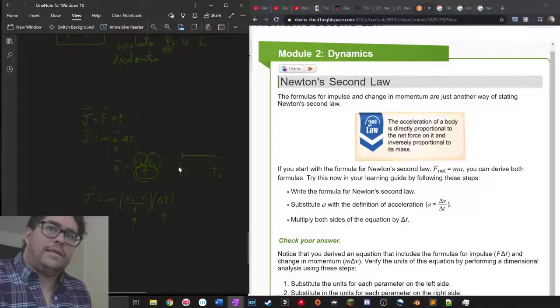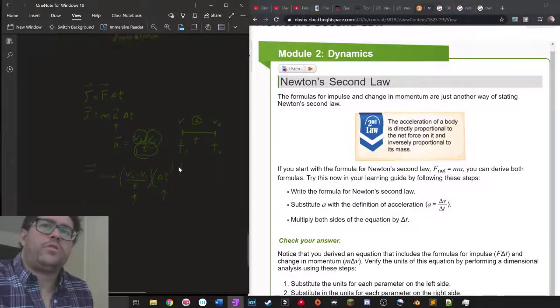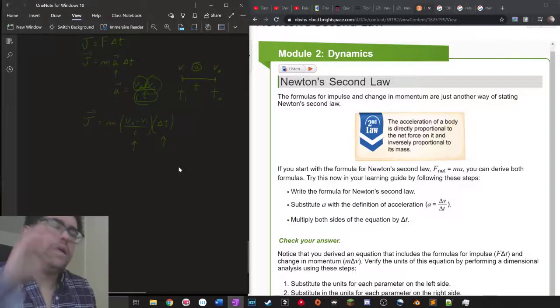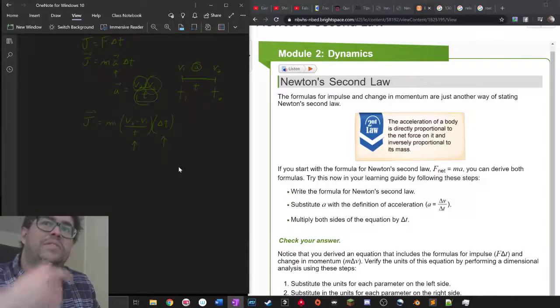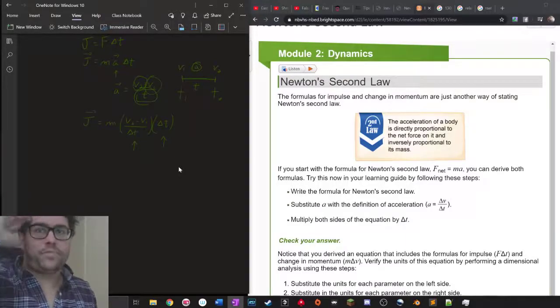Start, end of our scenario, at which point we had a v1, a v2, and that's what we find acceleration with. So t2 minus t1 means t, the time it took. So yes, in this case, and most cases, delta t is also t.